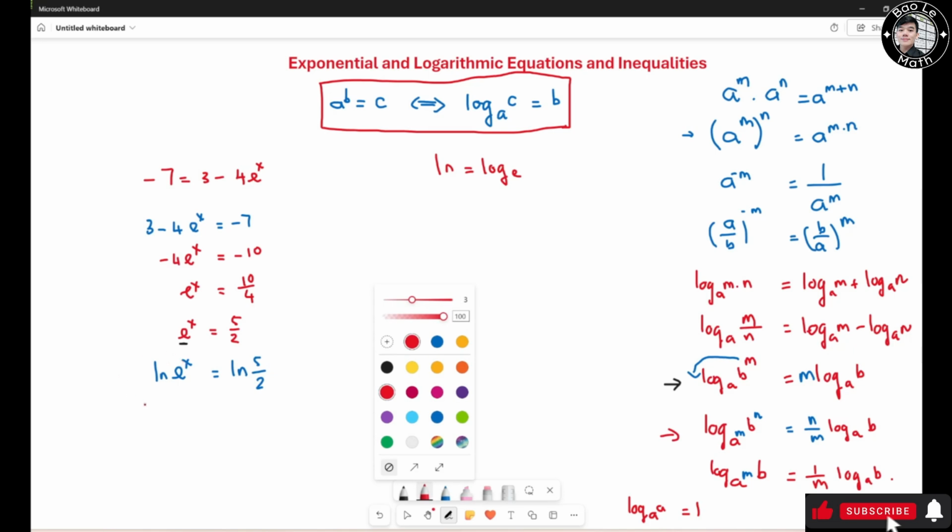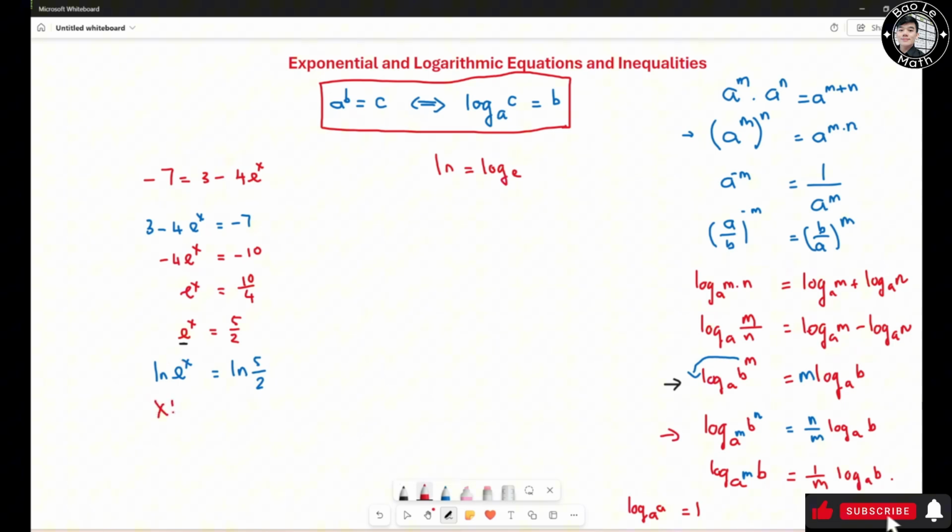So I just bring s to the front, so I have s times natural log of e equals natural log of 5 over 2, right? Natural log of e, which means log base e of e, right? So it's going to be equal to 1. Alright, so s equals natural log of 5 over 2.